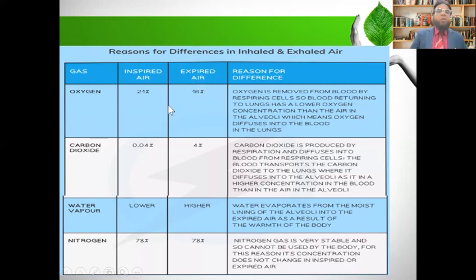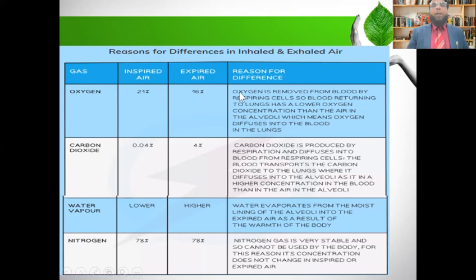So the question arises, where does the 5% go? The 5% goes to the body, because it is absorbed by, or attached to, the hemoglobin, which is circulating in other parts of the body, and it also reaches each and every cell.